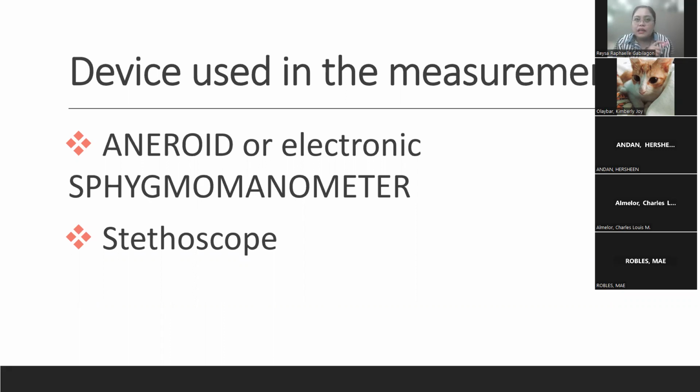Actually, when we did the activity last time in the room sa second floor, we used the electronic sphygmomanometer. And then we have the stethoscope in partnership with the aneroid sphygmomanometer for you to be able to hear the pulse. I mean yung titik na tinatawag. Okay, for the systole and the diastole.